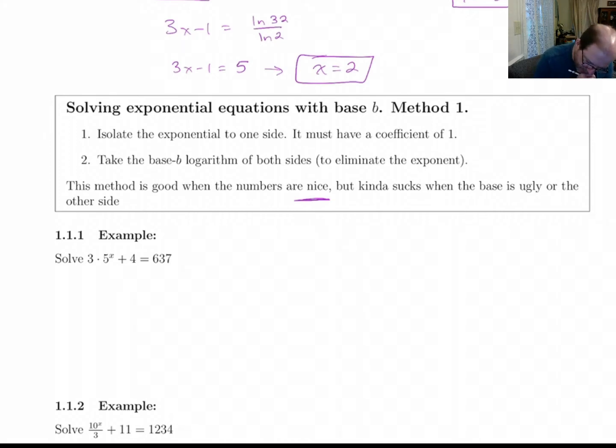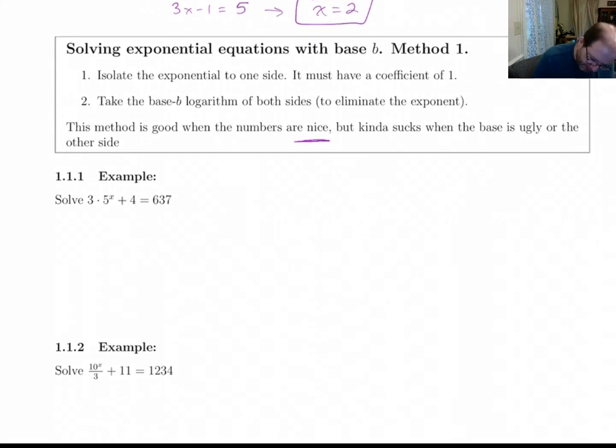So let's look at this one. Solve 3 times 5 to the x plus 4 equals 637. All right, so let's see. 3 times 5 to the x, take the 4 off of both sides, 633. Divide both sides by 3, you get 5 to the x is 211.